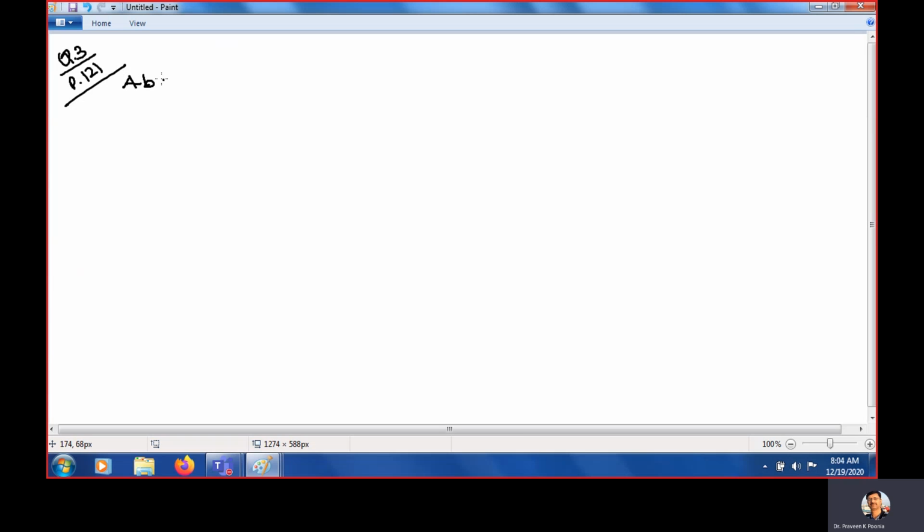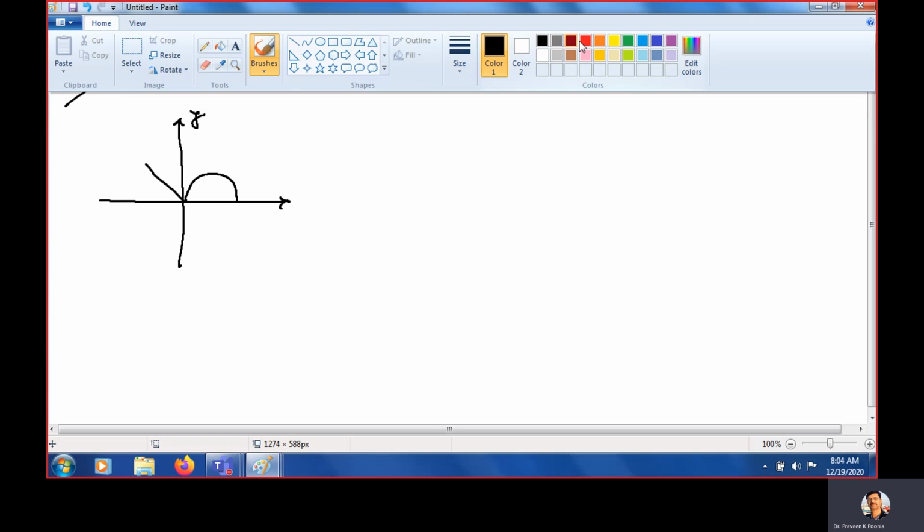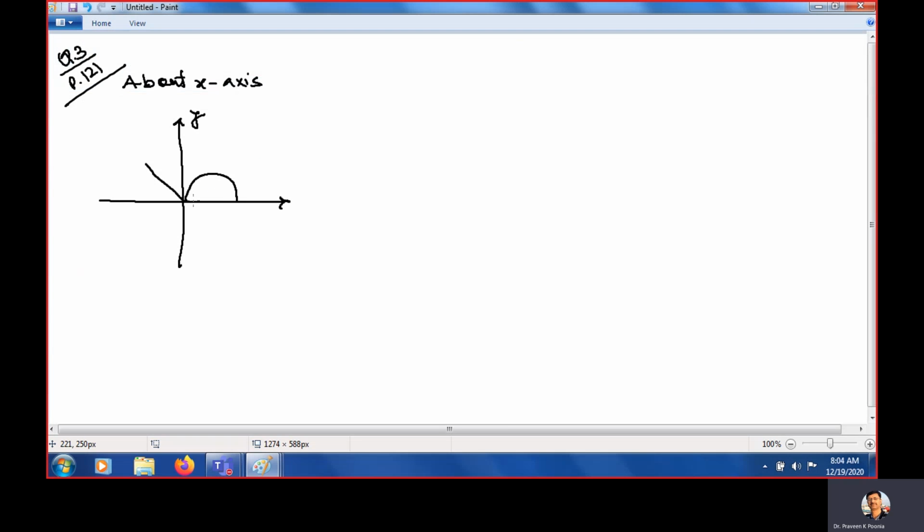First we are going to do it about the x-axis. This is the x-axis, this is the y-axis, and here a line is there. You need to extend this graph with respect to the x-axis, which means we need to form another part of this graph.